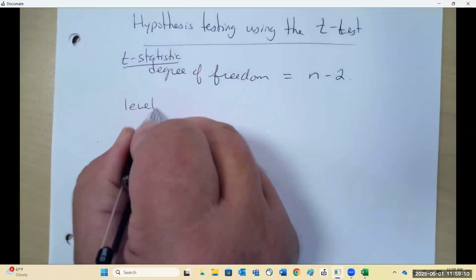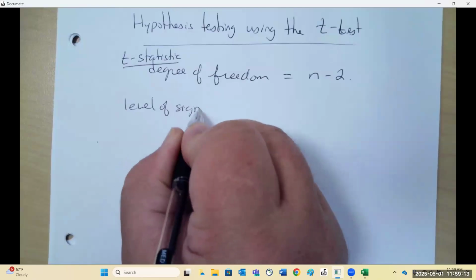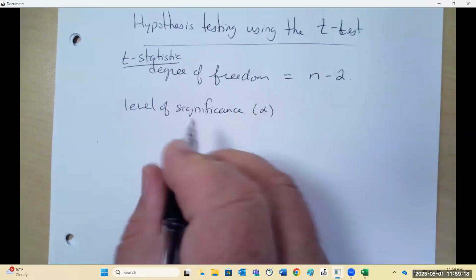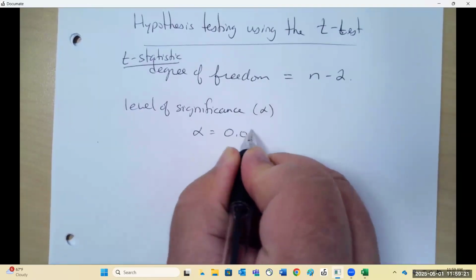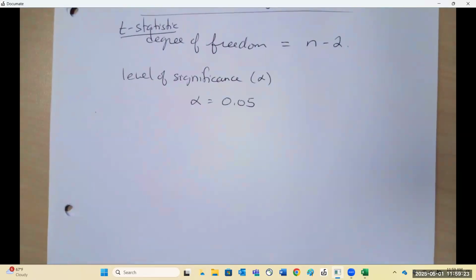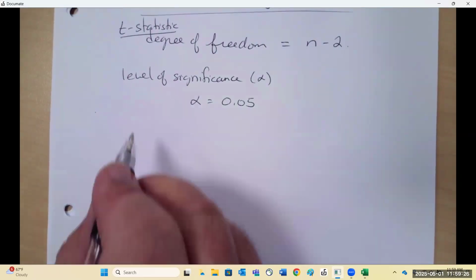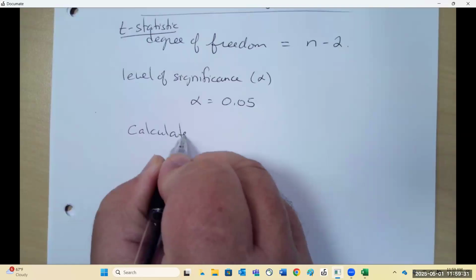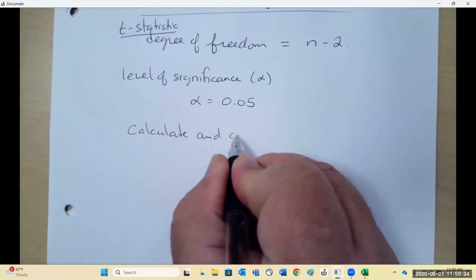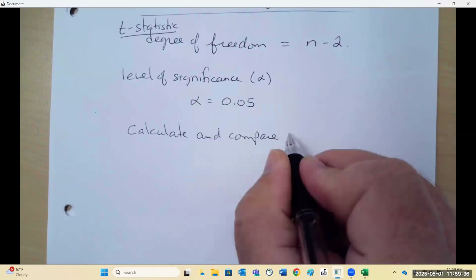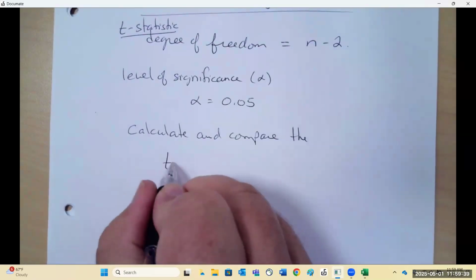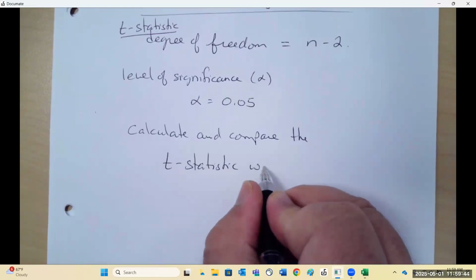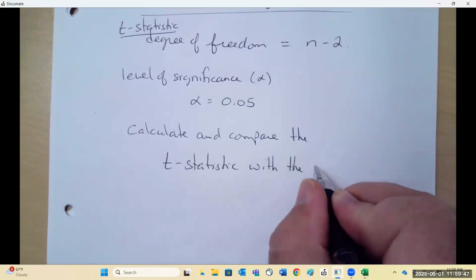Then your level of significance alpha is usually going to be 0.05. That's usually a standard one that we always use. Calculate and compare the t statistic with the critical values.